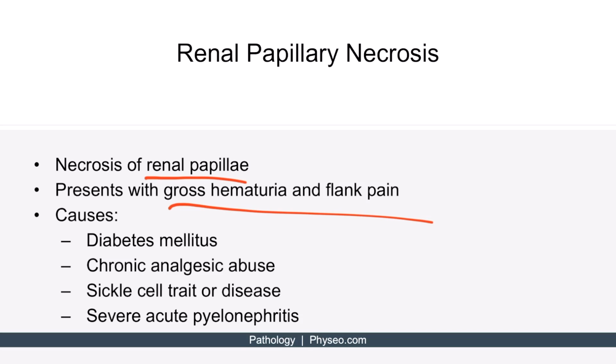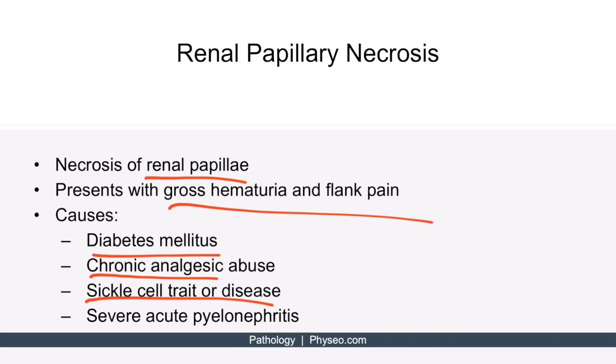Causes of ischemia and necrosis of the renal papillae include diabetes mellitus, chronic analgesic abuse, sickle cell trait or disease, and severe acute pyelonephritis. Now, diabetes mellitus can lead to hyaline arteriosclerosis, which narrows the blood vessels leading to ischemia. Chronic analgesic abuse causes ischemia by inhibiting prostaglandin release, which causes vasoconstriction.